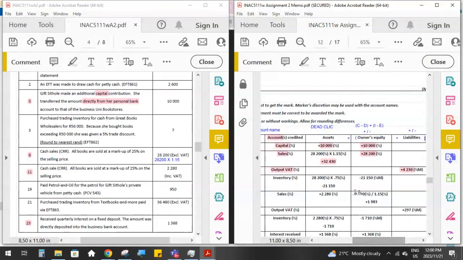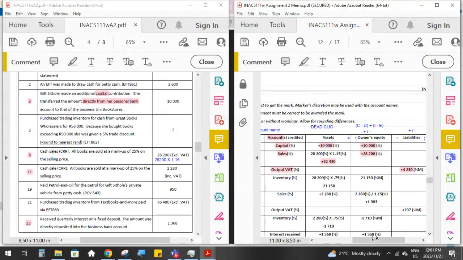which again helps us to write the correct amounts under the right column, because all we've got to do is to check when we're finished, does the left-hand side of my accounting equation still exactly equal whatever I've got on the right-hand side? If I decrease the left by 10, I must decrease the right by 10. If I increase the left by 32,430, I must increase the right-hand side by 32,430.